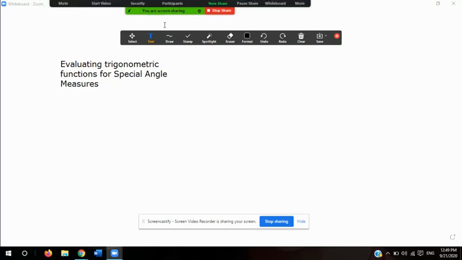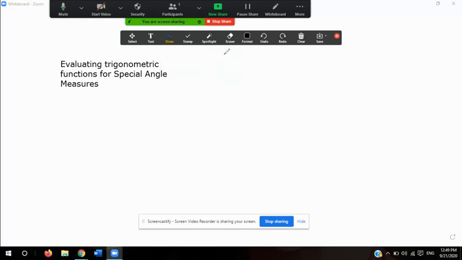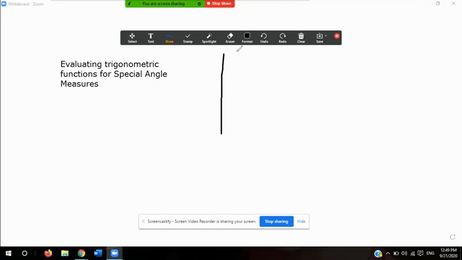Now, to recap, we've been working with the 6 basic trigonometric functions: sine, cosine, tangent, secant, cosecant, cotangent. And we said that the opposite of the tangent was the cotangent, the opposite of the sine was the cosecant, and the opposite of the cosine was the secant.